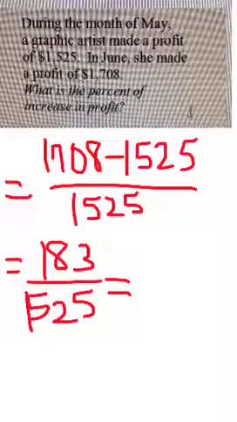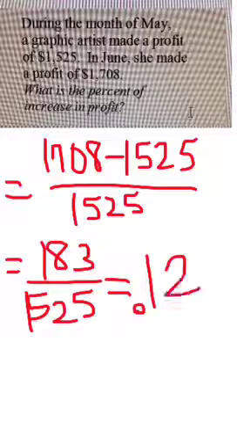And again, you don't have to show your work at this point. You can use your calculator, but the setup is required. So we divide 183 by 1,525, and we end up with 0.12 exactly.